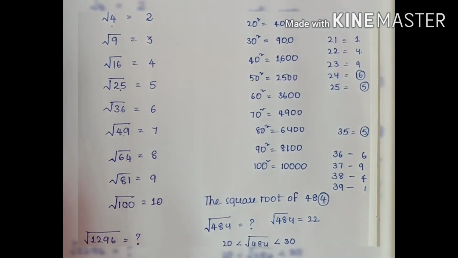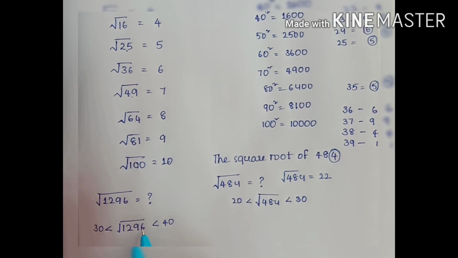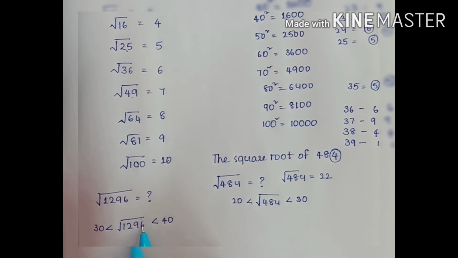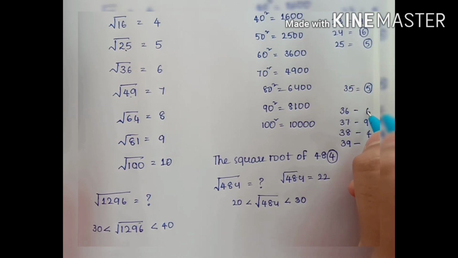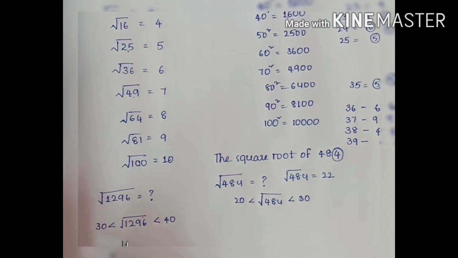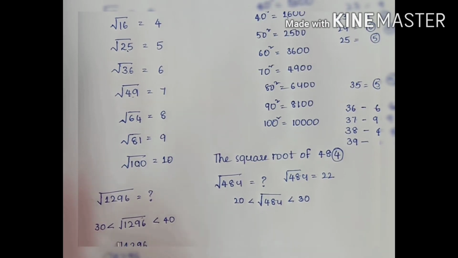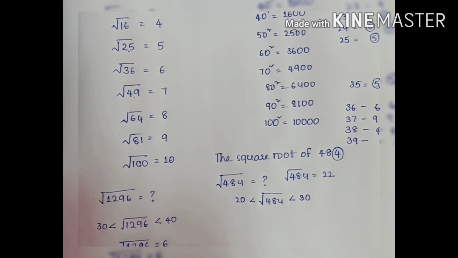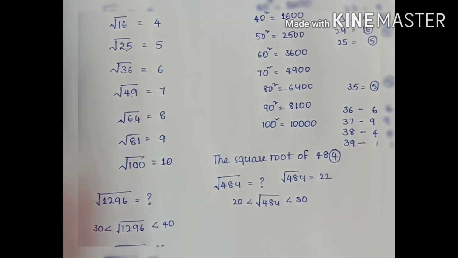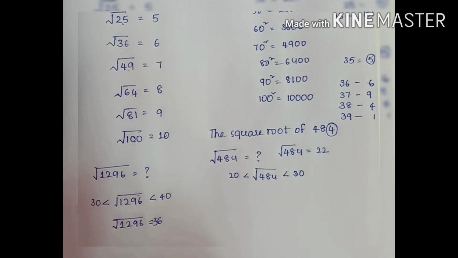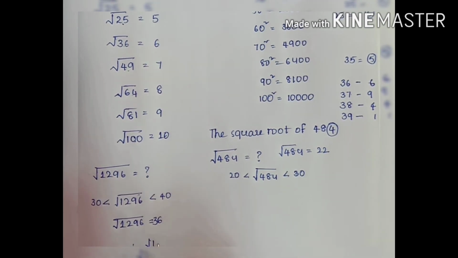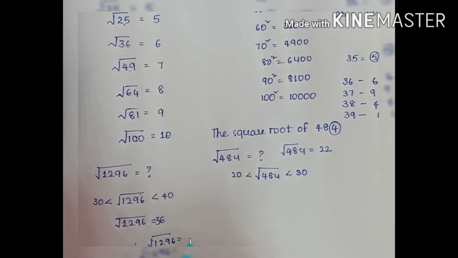Now the last digit of this number is 6, and the square of 6 also ends in 6, and here the same unit digit is 6. So the square root of 1296 is 36. Therefore the square root of 1296 is 36.